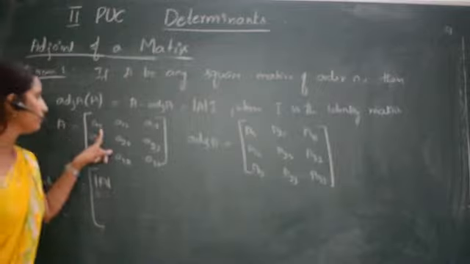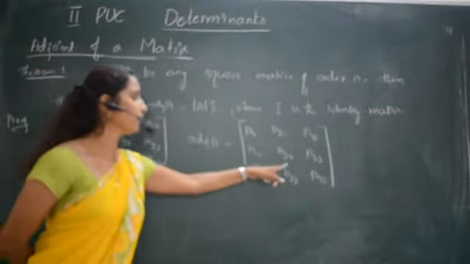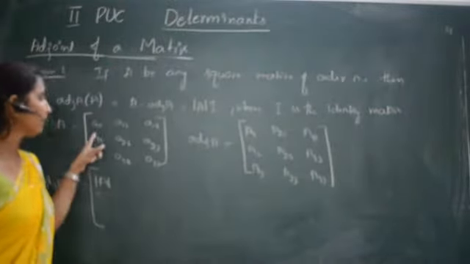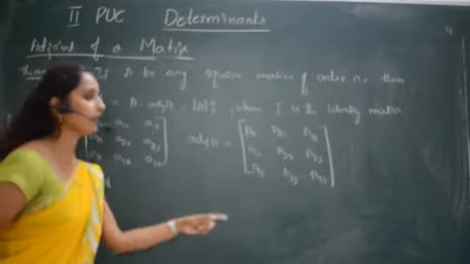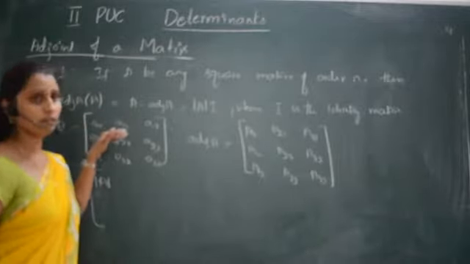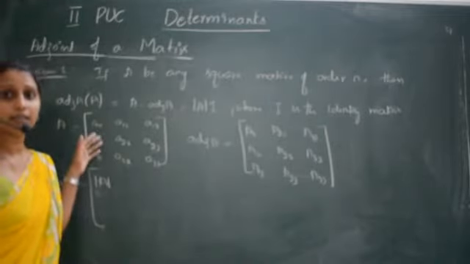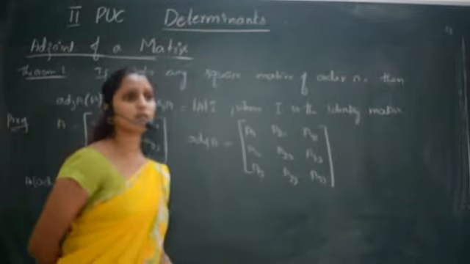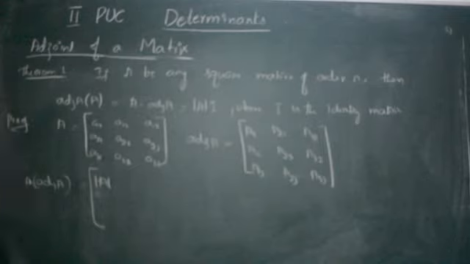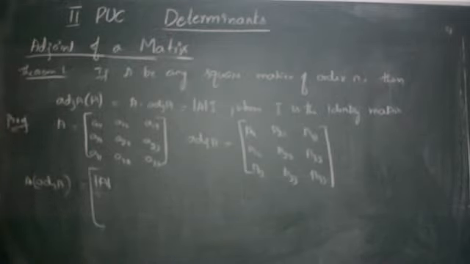Next, first row and second column: A11 times A21's cofactor plus A12 times A22's cofactor plus A13 times A23's cofactor. That means the elements of the first row are multiplied with the cofactors of another row, and in that case the sum will be 0.